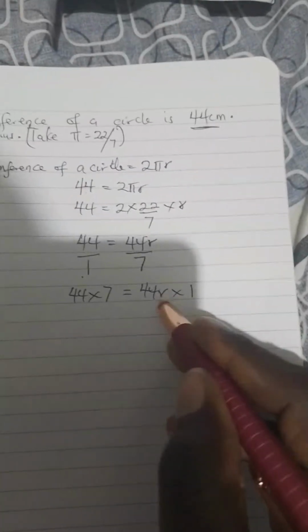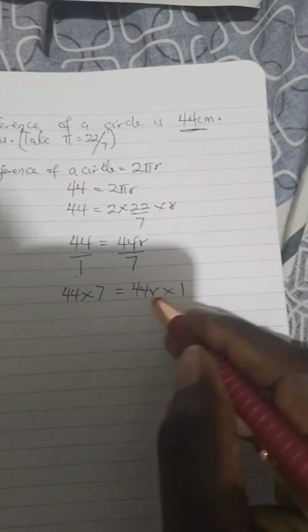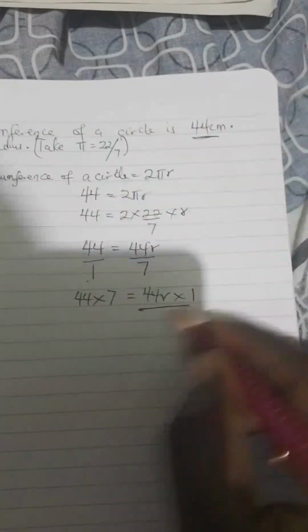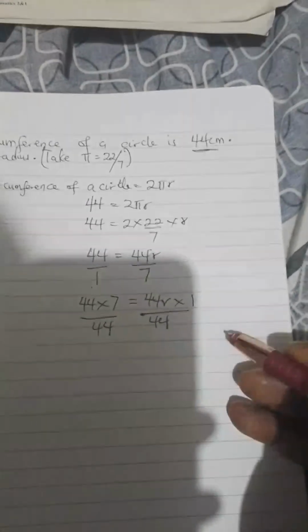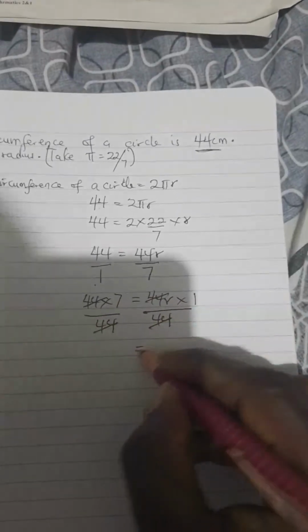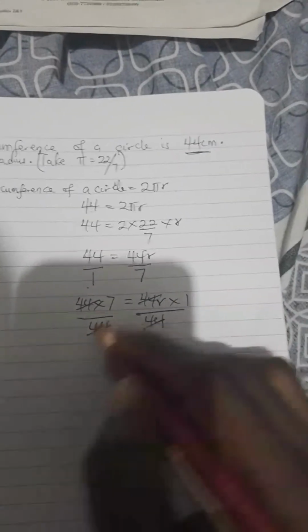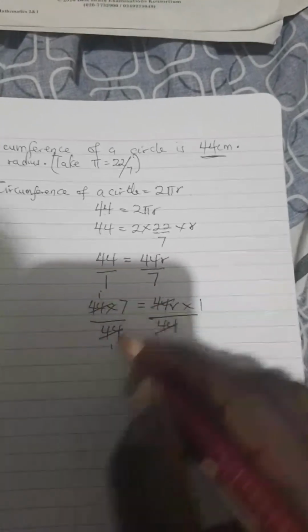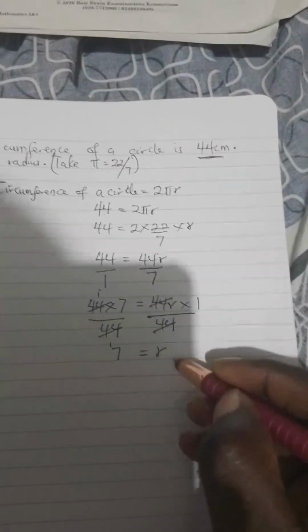From here, because we are looking for r, we can divide by 44, and this side also by 44. So 44 cancels 44. R times 1 gives you r. Then here 7 by 1 gives you 7. Alright, so you get 7 centimeters.